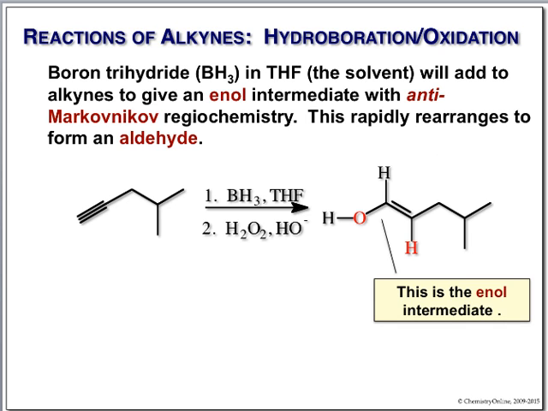Now, this is also an enol, isn't it? Because it's an enol, it's not just going to sit there like that. It's going to undergo its tautomerization. What we're going to do is take this hydrogen off, and we're going to put it here. What's that going to give us? An aldehyde.